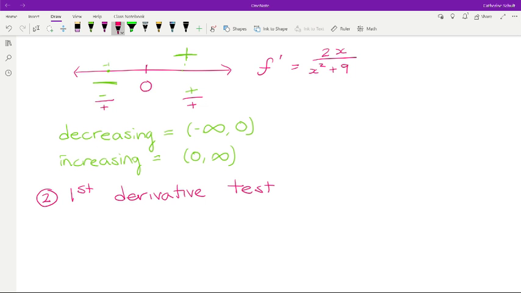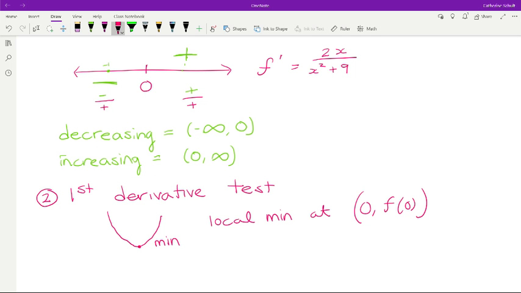At 0, we have a sign change. f is decreasing before 0, and then after 0, we're increasing. So is that going to be a local min or local max? It's going to be a minimum value. So we're going to have a local min, by the first derivative test, at 0, f of 0.